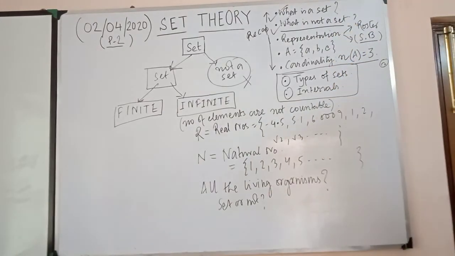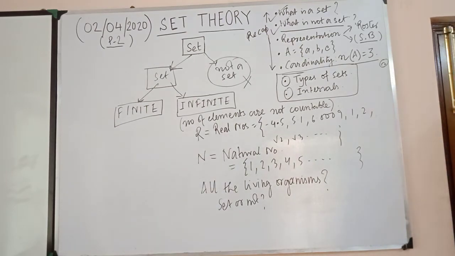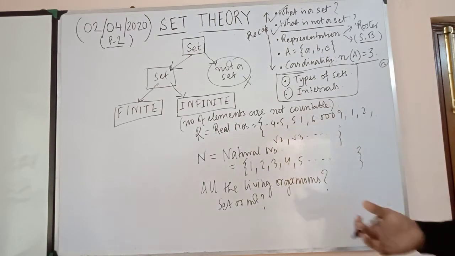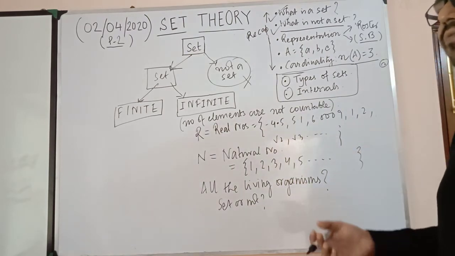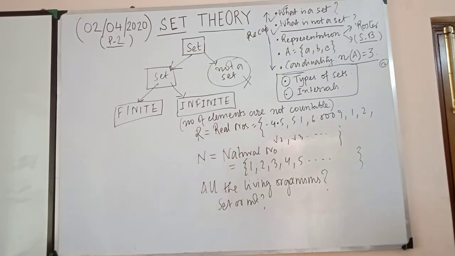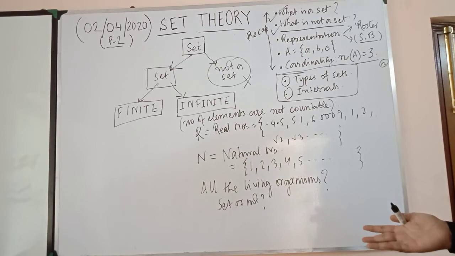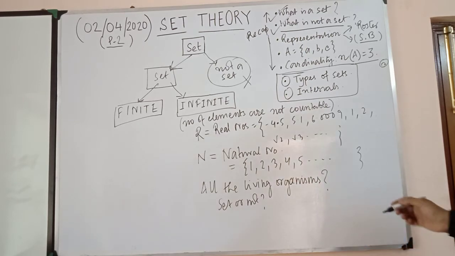Obviously it is huge, but still you can count if you take the pain of counting it, because every second or every nanosecond more organisms are born, and many organisms die out also. But if you lock them under a specific time frame, it's still countable. So this is a set.